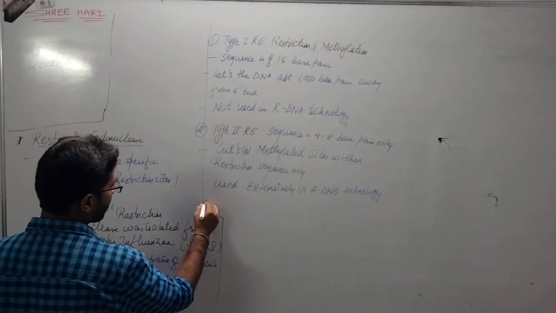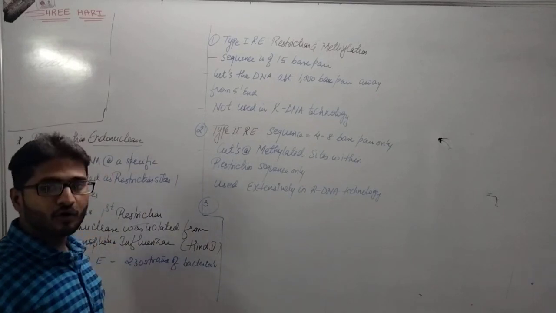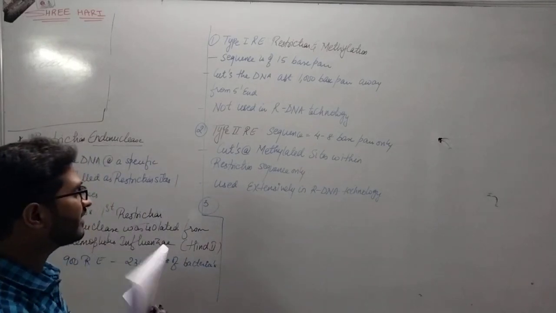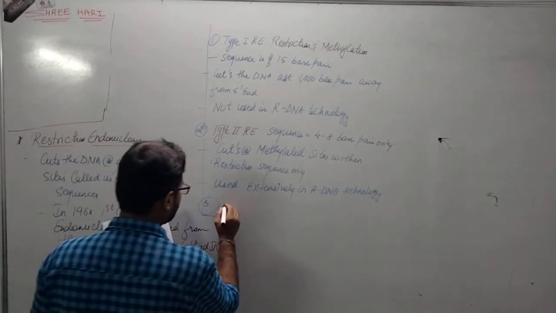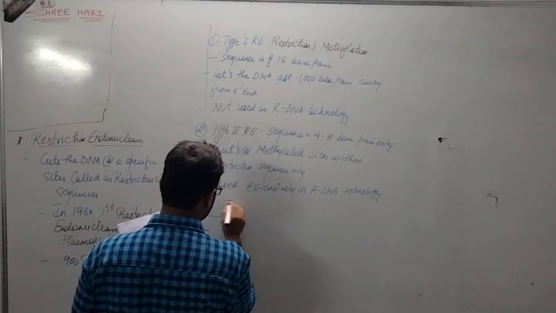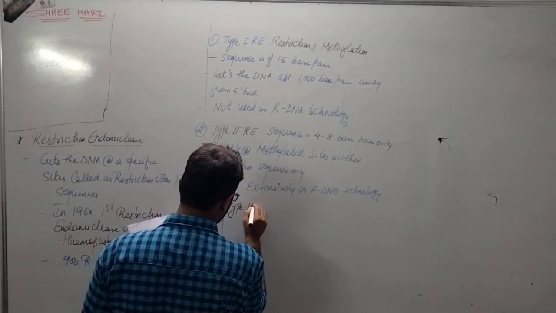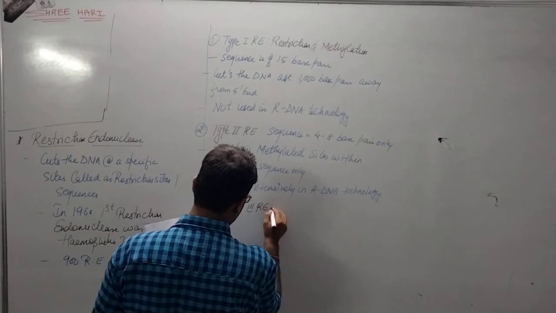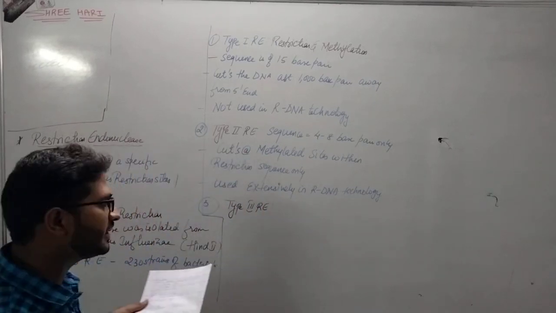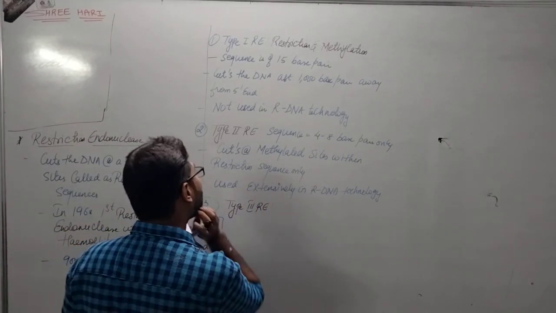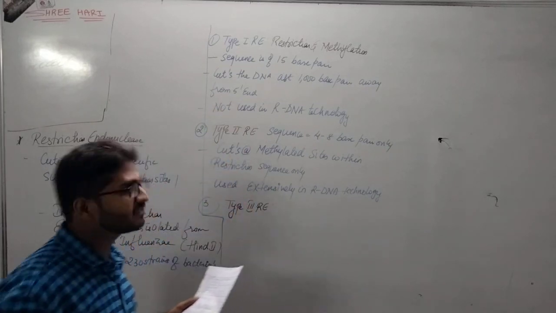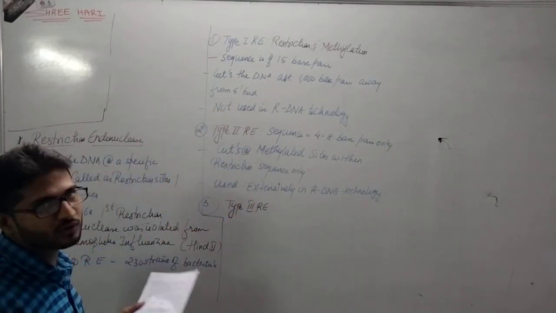The third type of RE is basically called type 3 RE. Type 3 RE shows the functions as well as properties of type 1 and type 2.